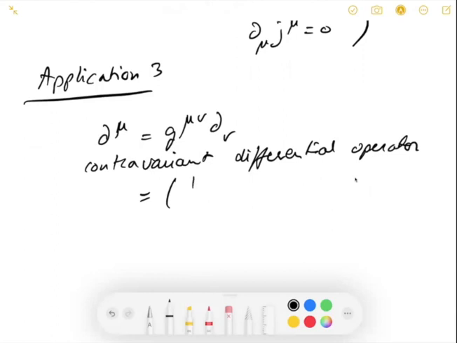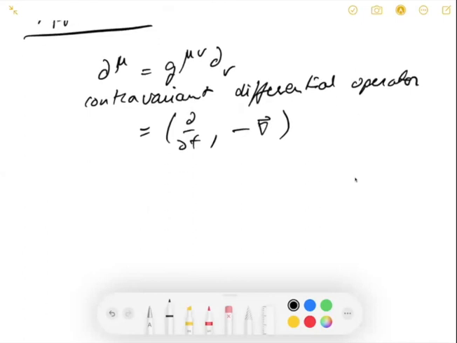So really all we're doing is we have a d/dt here, and now we just took minus the gradient. Using this one, we can construct this operator, del mu, one upper and one lower. And if you work out the dot product, acting on something, it's going to be d/dt squared minus the gradient squared, or the Laplacian.